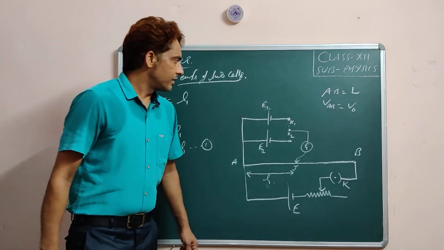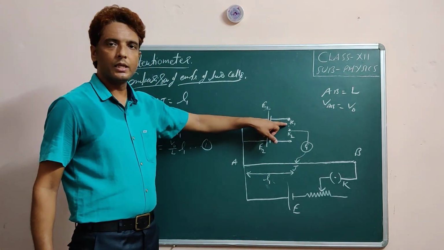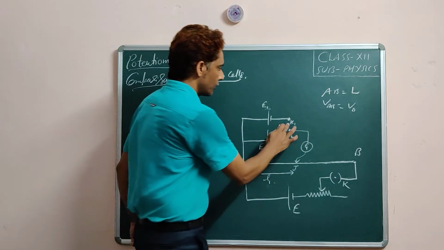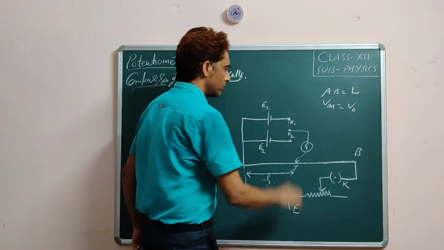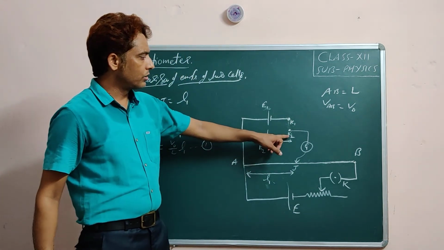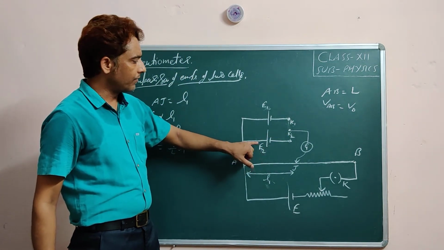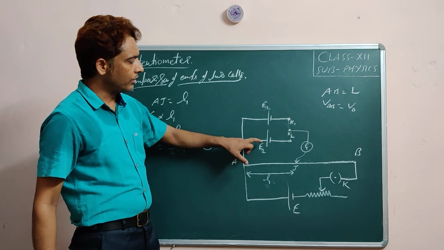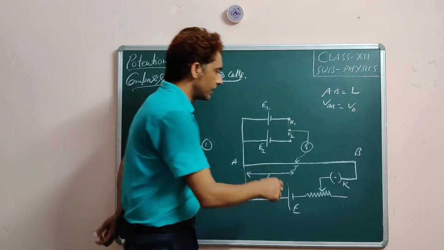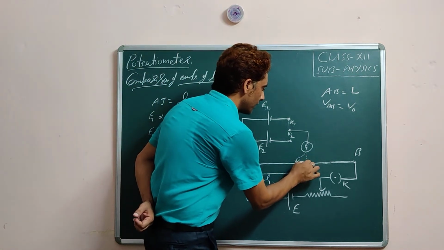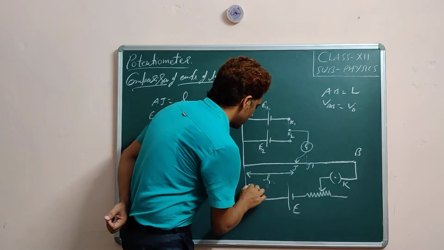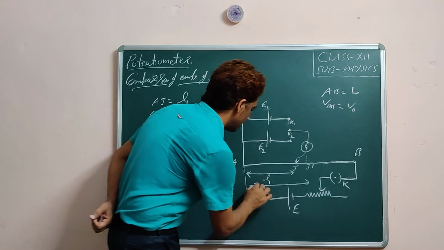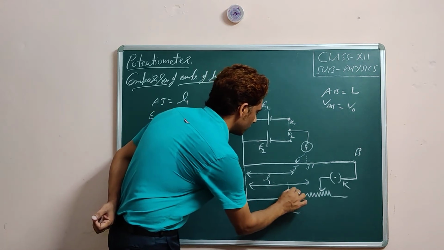Now in the second case, we open key K1 and close key K2. When K2 is closed, the cell of EMF E2 is introduced in the circuit, and let the null point be obtained at another point J dash, and let this length be L2.